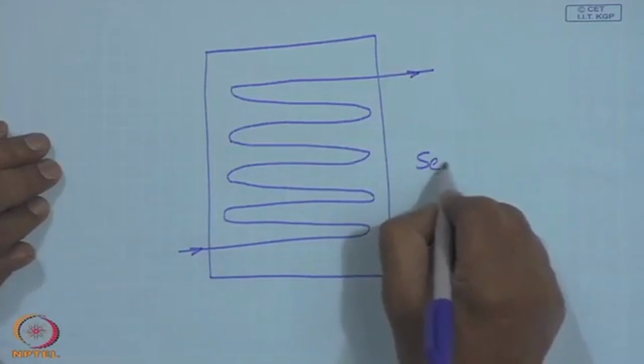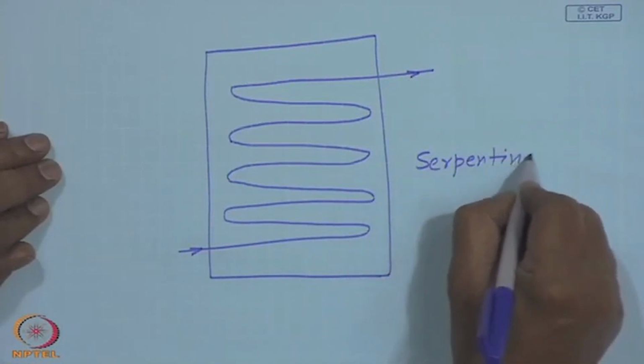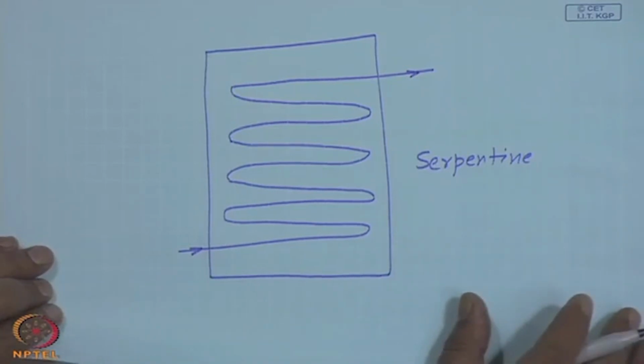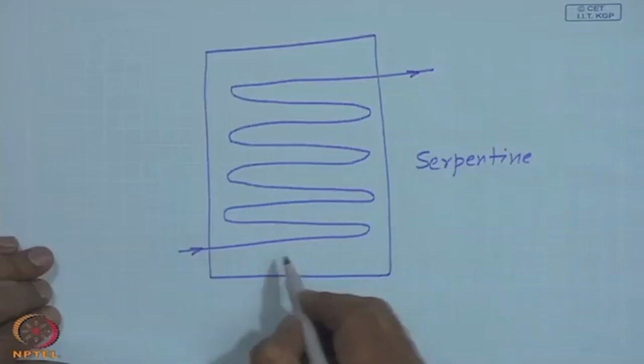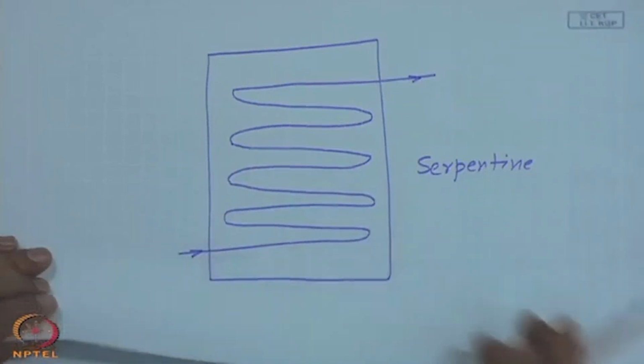This is a serpentine absorber. The difference between these two is the total flow rate is divided equally among the number of tubes in the configurations we have shown earlier, and in this case the entire flow goes through the tube. So, this may lead to a higher pressure loss, though there may be some other advantage in terms of heat exchange.